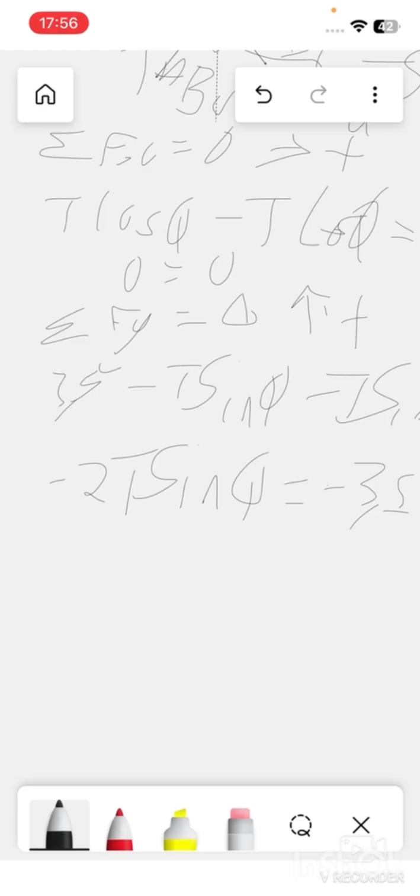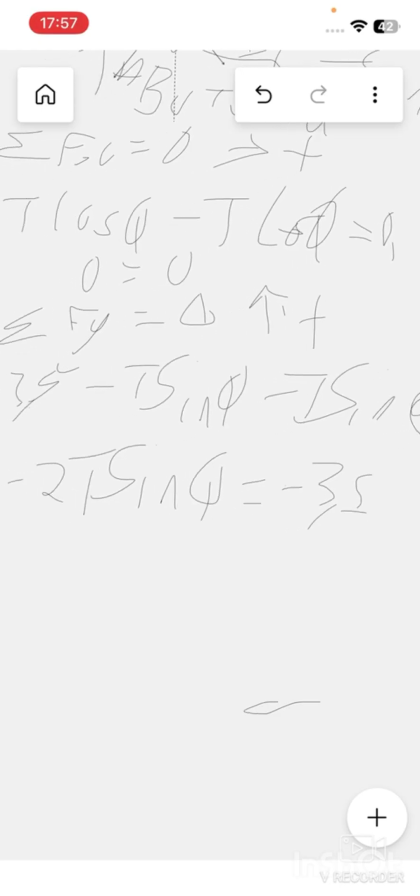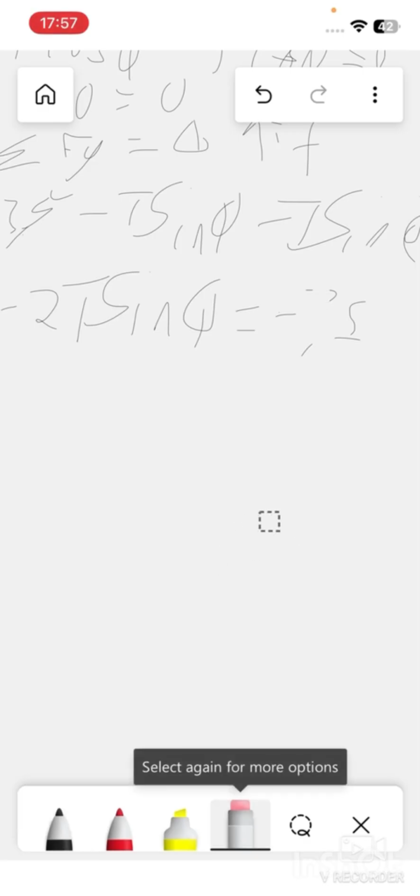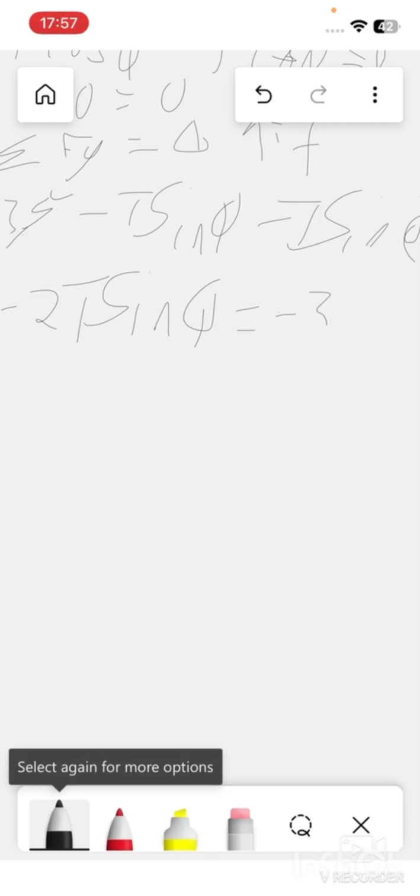We transpose that one. We add this one because they are the same variable. Therefore, we're gonna divide both sides. This is negative 3,5. We're gonna divide both sides by negative.